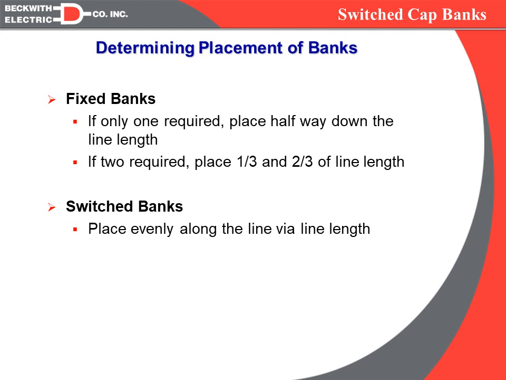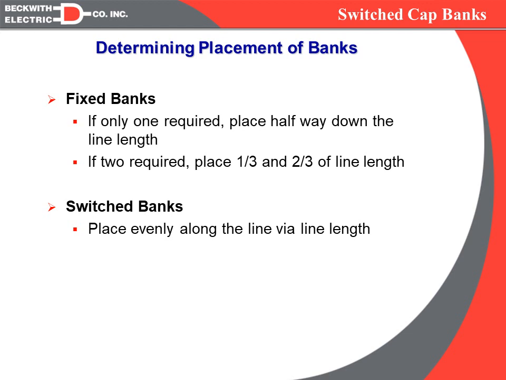So if I need one 600 or 900 kVAR fixed bank, because my no-load VARs are, say, 800, so I'm going to put in one 900 kVAR cap bank, I would put that halfway down the line circuit, distance-wise. If I wanted to split that up into two 450s, then I would go 1/3 and 2/3 line length placements with those two fixed banks.